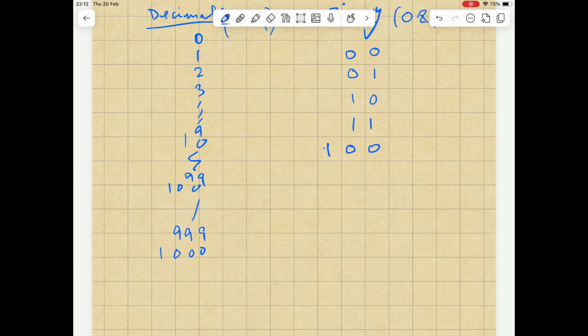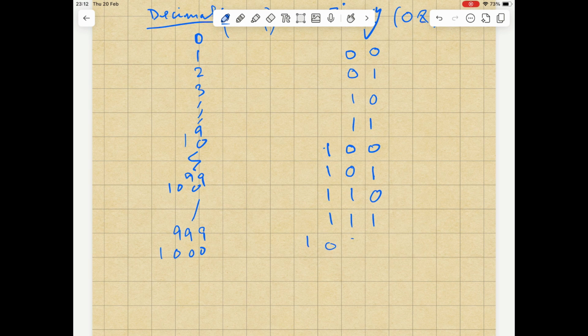And after that, because they become 2, we now move to the next digit, and then it carries on with that, and then all goes 1, 1, 1, 1.